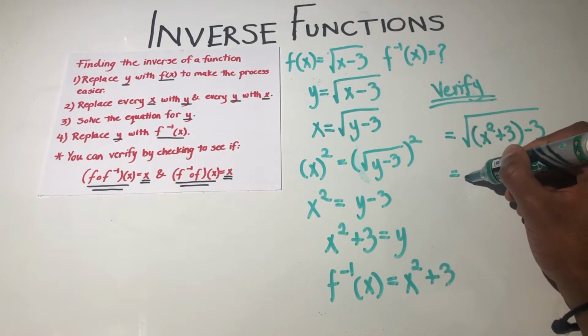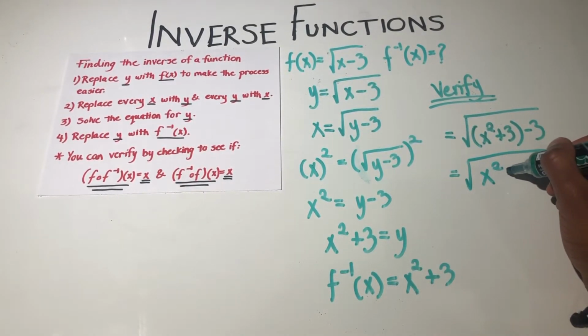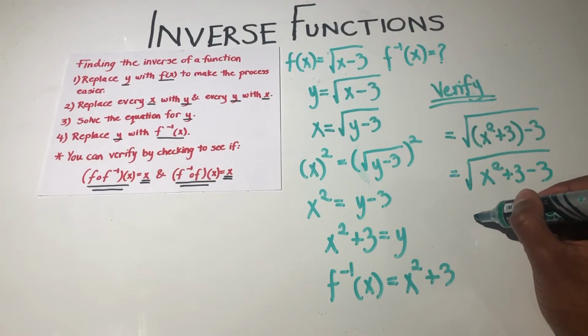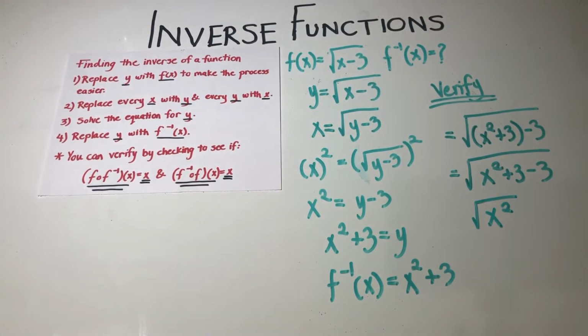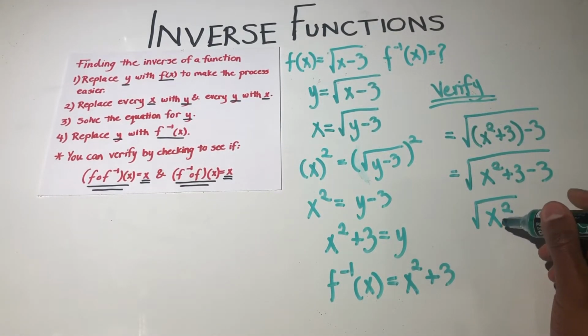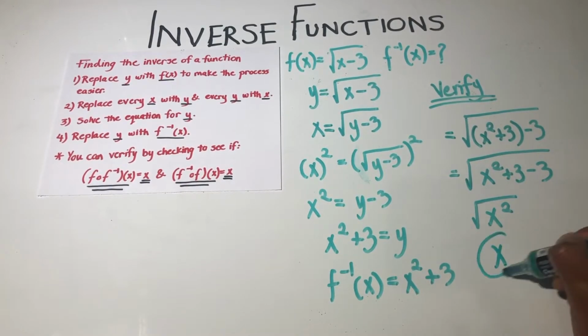We can get rid of the parentheses: x squared plus 3 minus 3. Plus 3 and minus 3 is just going to give us 0, and then we're going to end up with root x squared. And the root is going to get rid of the square, so we're just going to end up with x. And we can say that we found the inverse of the original function.